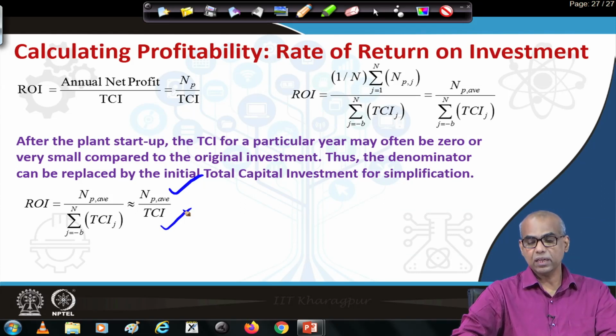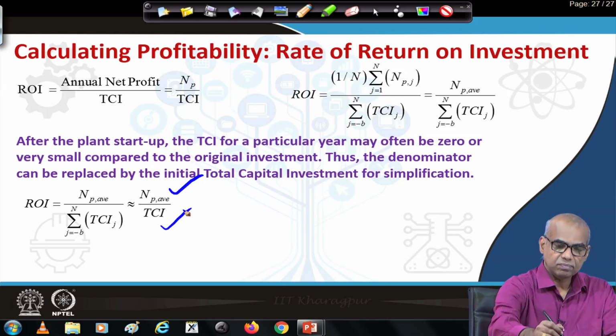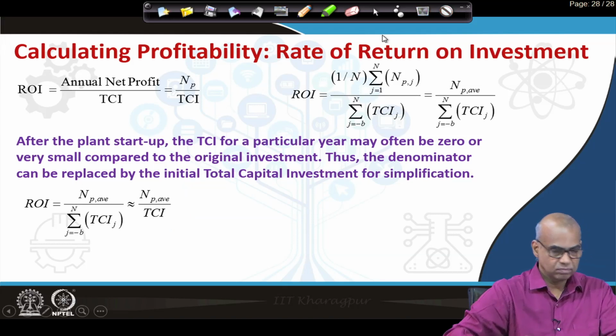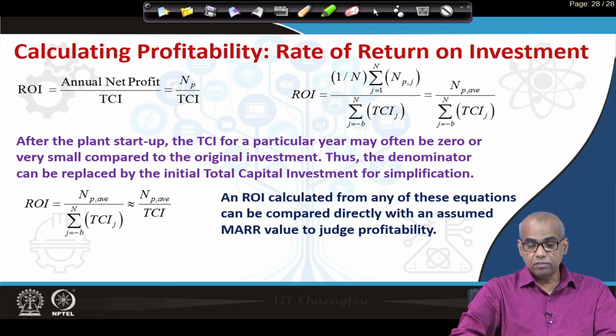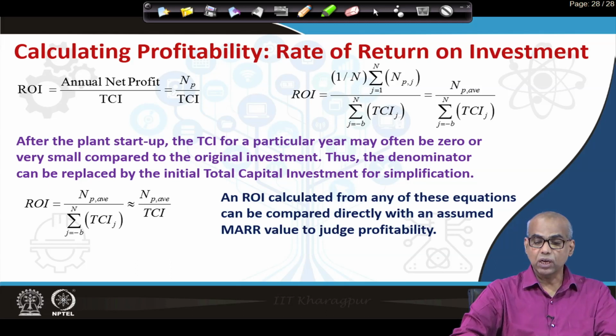So, initial total capital investment in the denominator. And return on investment calculated from any of these equations can be compared directly with an assumed minimum acceptable return value to judge profitability.